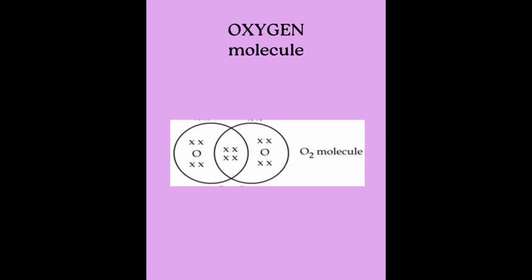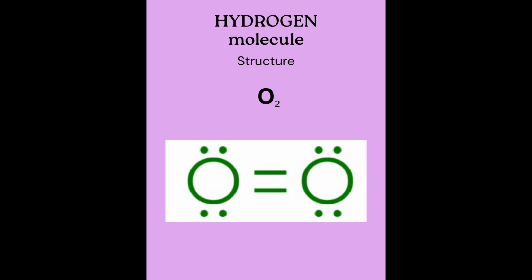In this case, two atoms of oxygen share 2 electrons with each other, and in this way 2 covalent bonds are formed between the 2 atoms of oxygen, forming an oxygen molecule. So two pairs of electrons are shared, and so we find 2 covalent bonds between the oxygen atoms to form the oxygen molecule.